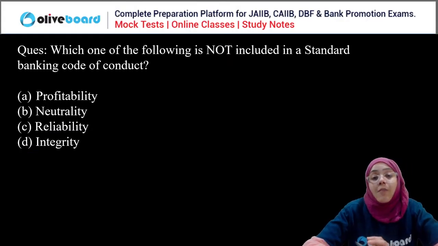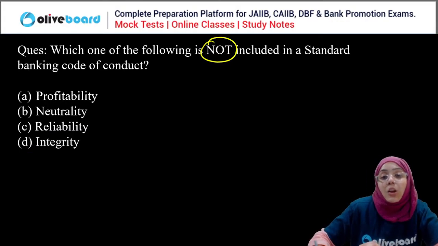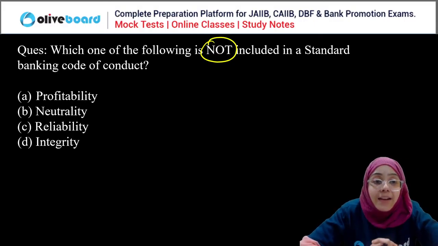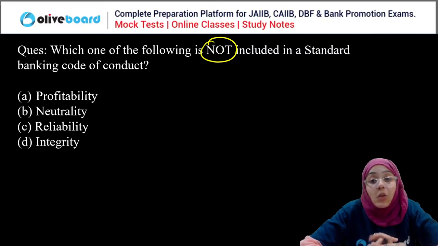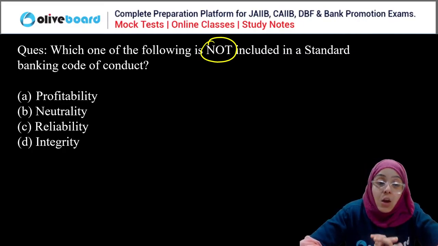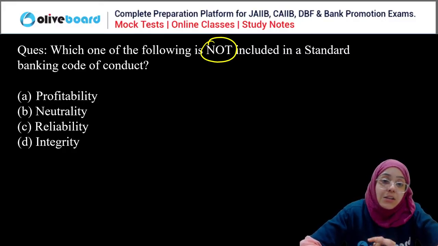Okay, next question. Which of the following is not included in the standard banking code of conduct? Profitability, neutrality, reliability, or integrity.